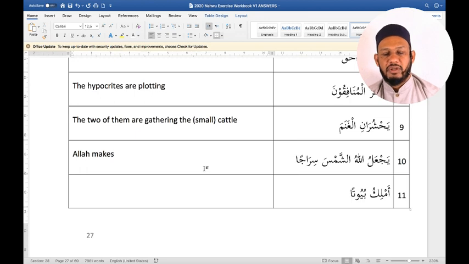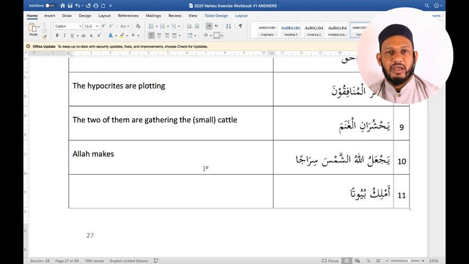Then I see ash-shamsa and I see sirajan. Shamsa means the sun. Sirajan means a lamp. Both of them are in nasb, because ash-shamsa is the first maf'ul and sirajan is the second maf'ul. So some verbs will have two maf'uls. For example, the word taught.